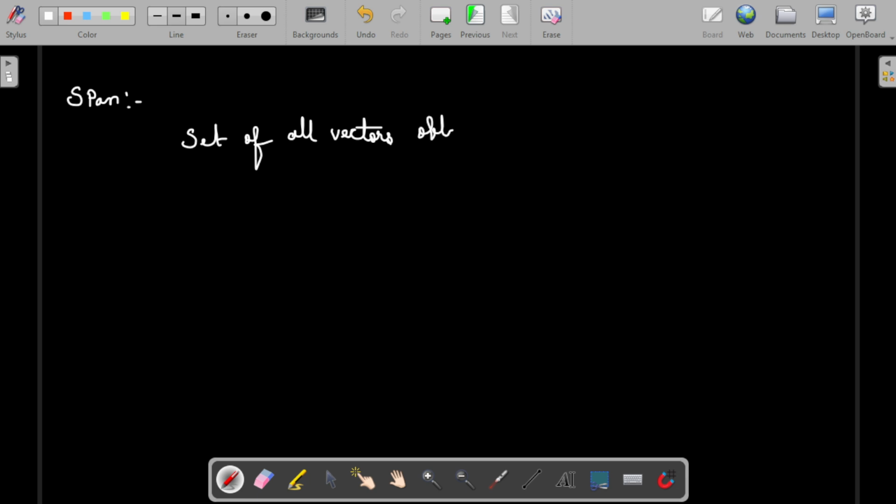As we just saw, scalars are multiplied with each vector and we get some vector. Similarly, using that set we get all the possible vectors by linear combination of the original vectors. That is what the span is.